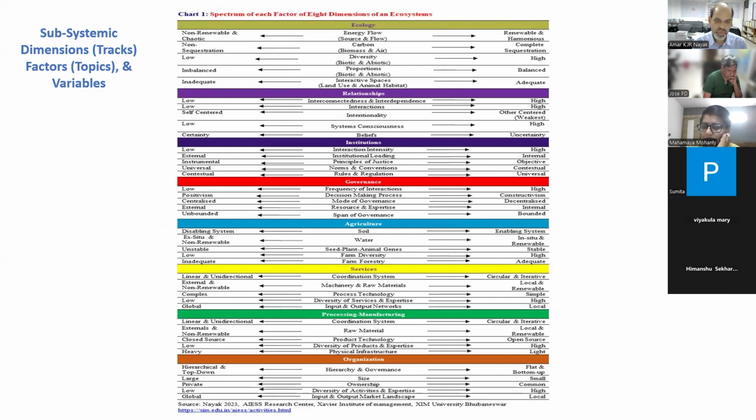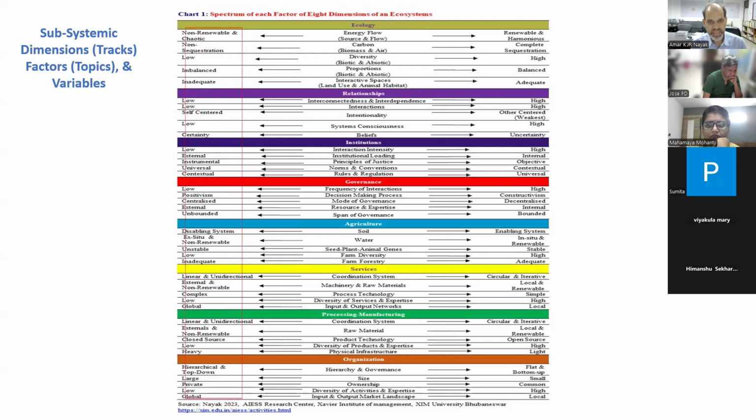For instance, the ODOP, one district, one product policy of the government: when you project it to production, then marketing strategies, and then to governance, they all give clarity on whether it's going to work or there'll be a lack of coherence among these factors and variables, and hence it may or may not work. That's how we attempt to look at the complex problems that we typically encounter in reality.